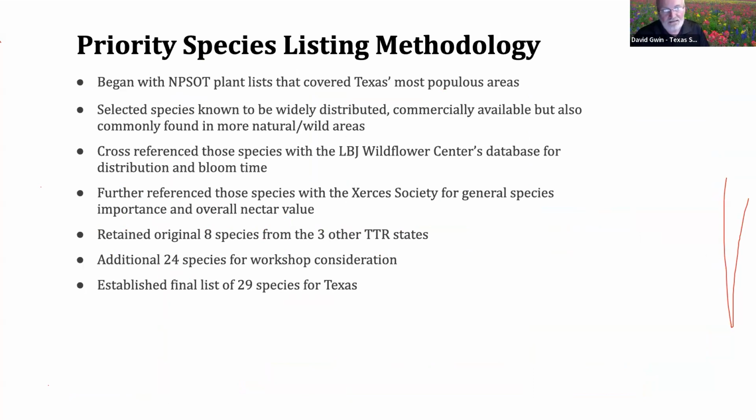And we took those plant lists and used those to start to synthesize and bring commonality to plant species that were both common in wildscapes and native gardens, but also very common in the wild. And so when I reveal the 29 species that are now on our target species list, you're going to start to see where those efforts were kind of intersecting and why they became very interesting and important to us.